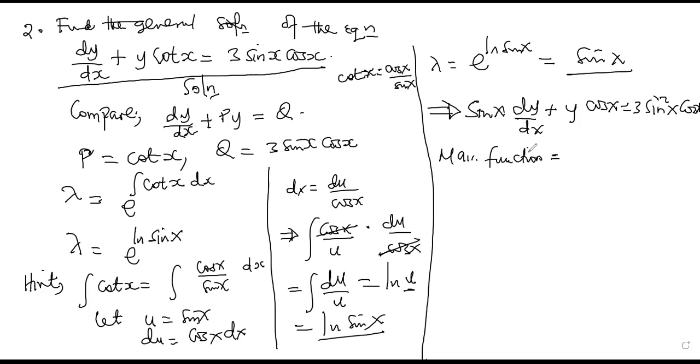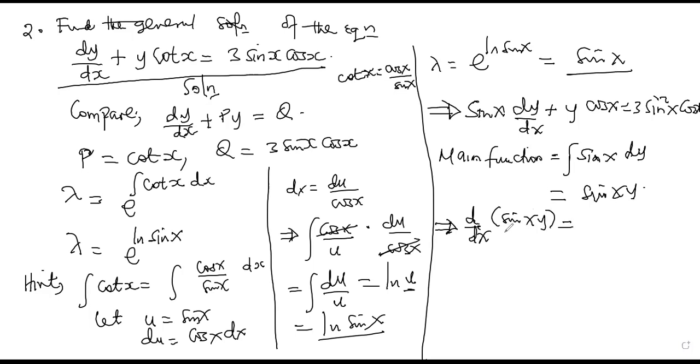My main function is what you got as your integrating factor, sin x, times y. So the derivative of sin x y is going to be equal to the right-hand side, which is 3 sin squared x cos x.